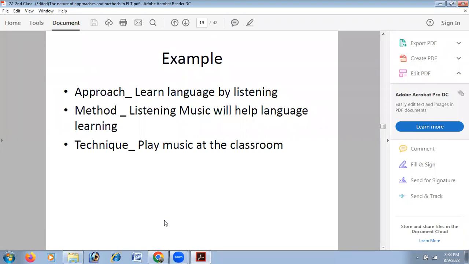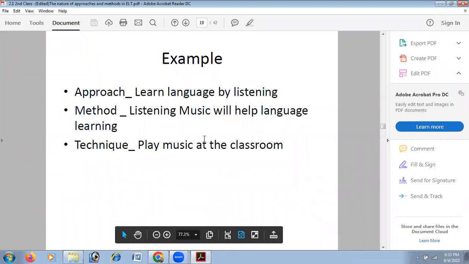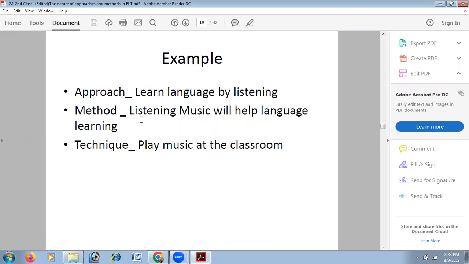In order to increase our listening capability, listening to music will help language learning. Method can also be that watching movies will help language learning, because through watching movies we can listen to the movie wording. And the technique: play music in the classroom.